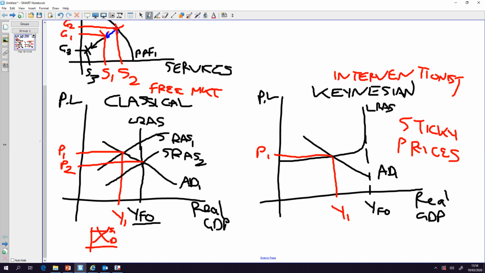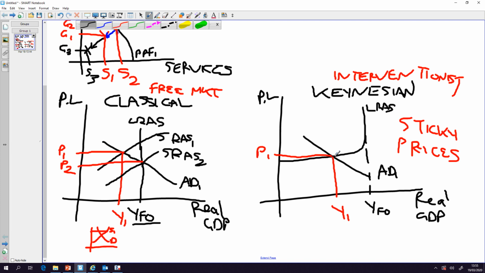Now, what a Keynesian economist would therefore say is we cannot wait for markets to clear. Keynes once famously said, in the long run, we are all dead. So we cannot wait for markets to clear in the long run. So what Keynes would say is the economy is like a stalled car at Y1. We could be at YFO, but we're not there because of sticky prices.